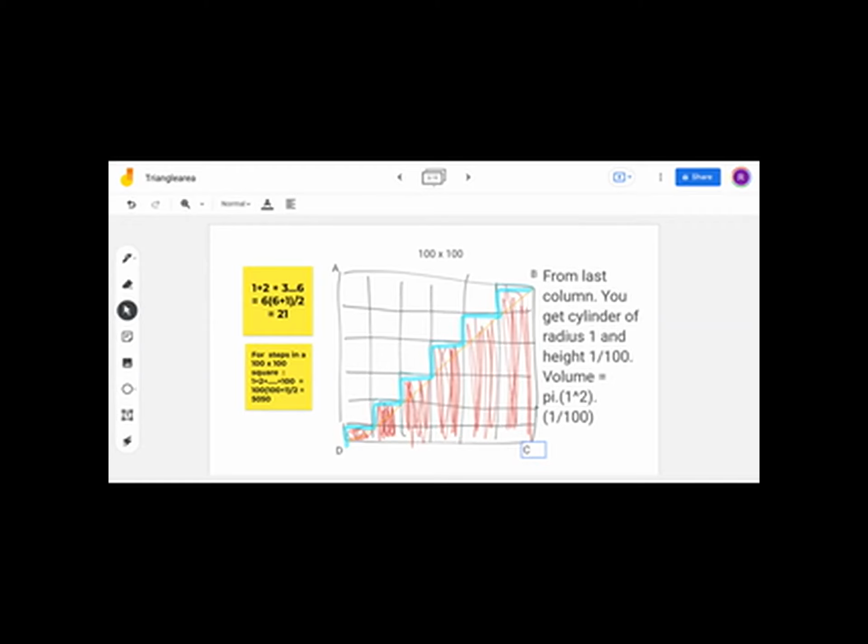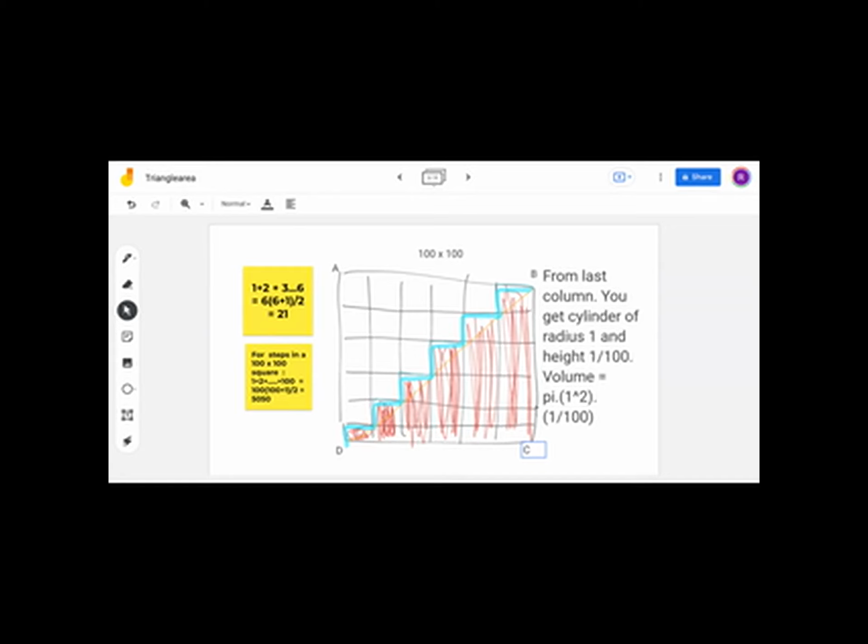You'll get thin cylinders with different, increasing radius. They all have height 1 over 100, and the radius goes on increasing from 1 over 100, 2 over 100, 3 over 100, 4 over 100, like this up to 100 over 100. And you will add up all these. So by adding up the volume of these thin slices, you can get approximately the volume of the cone.